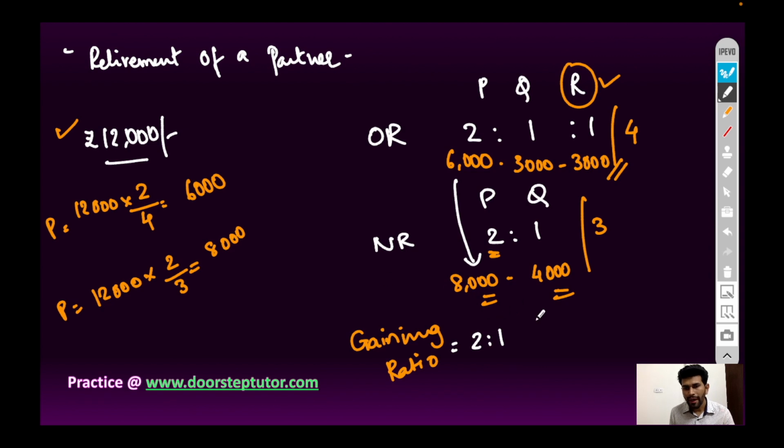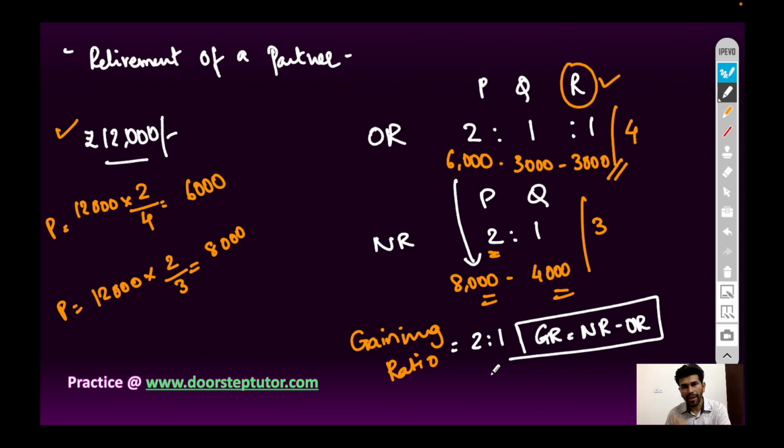The formula for gaining ratio is gaining ratio equals new ratio minus old ratio. Sacrifice ratio equals old ratio minus new ratio. Gaining ratio equals new ratio minus old ratio.